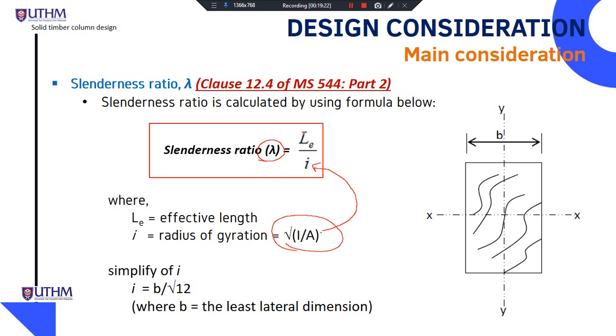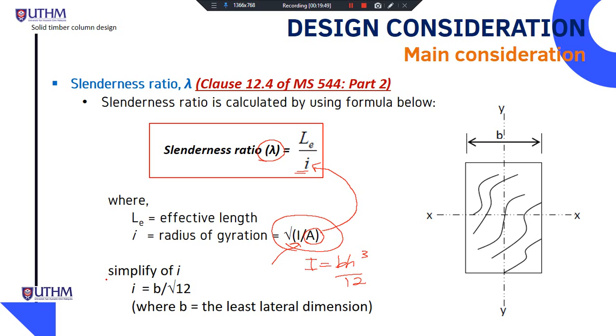The slenderness ratio is represented using this symbol, lambda. So lambda is equal to L effective divided by radius of gyration, and this radius of gyration is calculated using the square root of moment of inertia, where our moment of inertia is b h to the power of 3 divided by 12, divided by the cross-sectional area of the column.